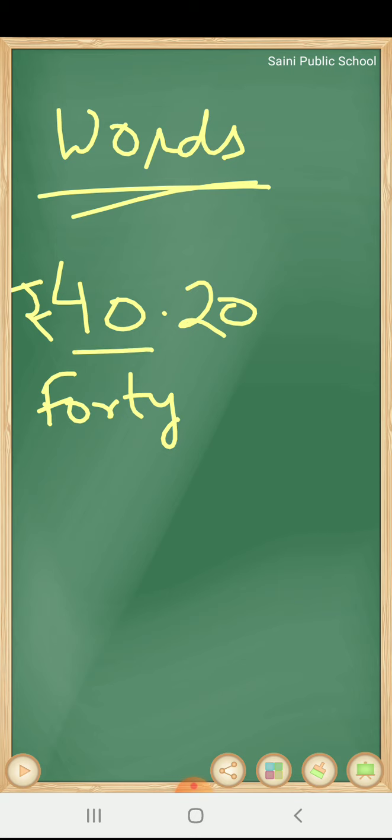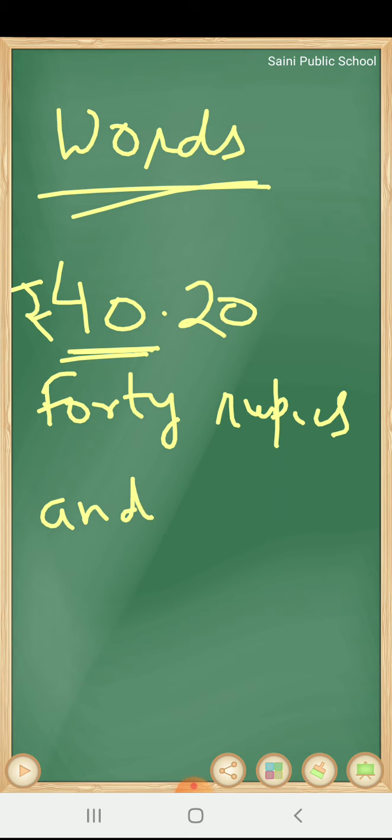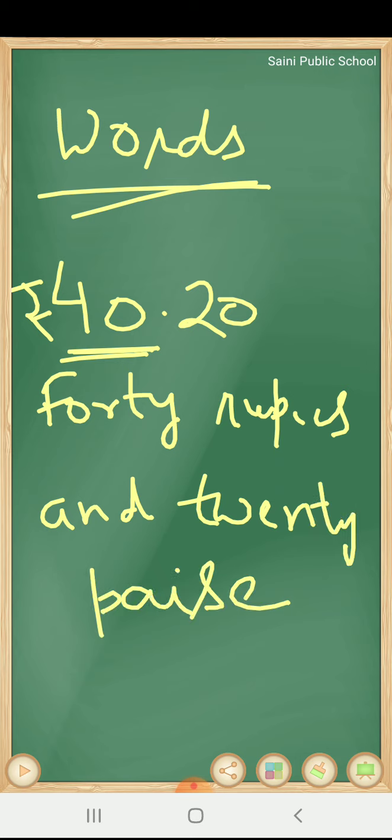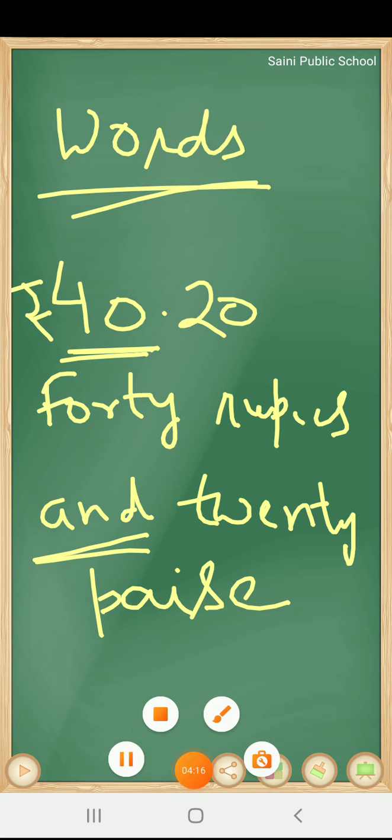First we will write the left number, 40 rupees, and instead of the dot we will use 'and', and 20 paise. In this way we will use 'and' to separate rupees and paise. So 40 rupees and 20 paise.